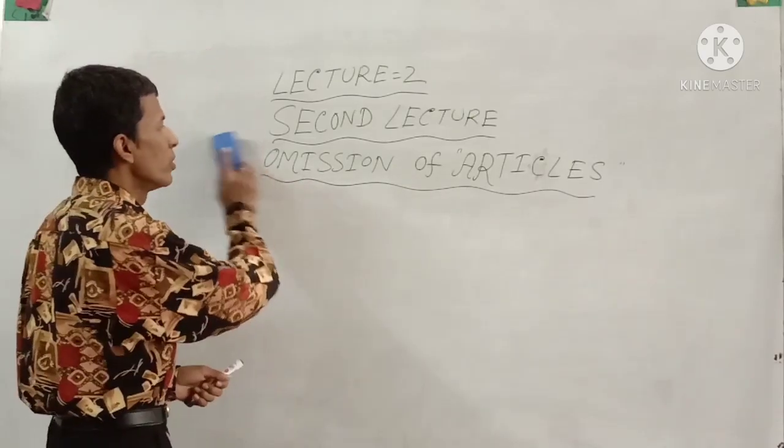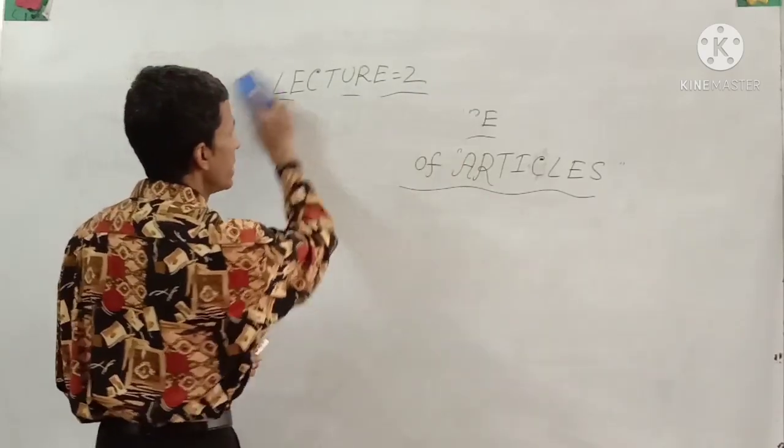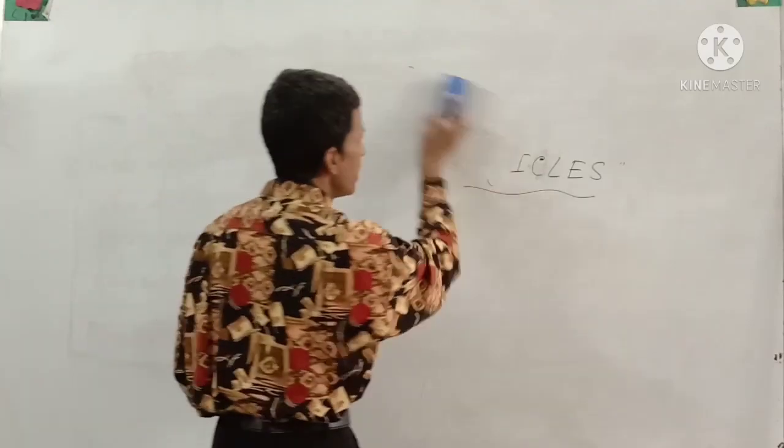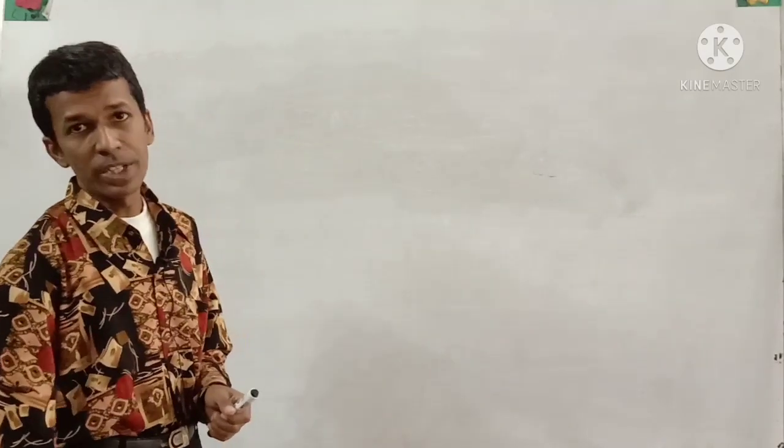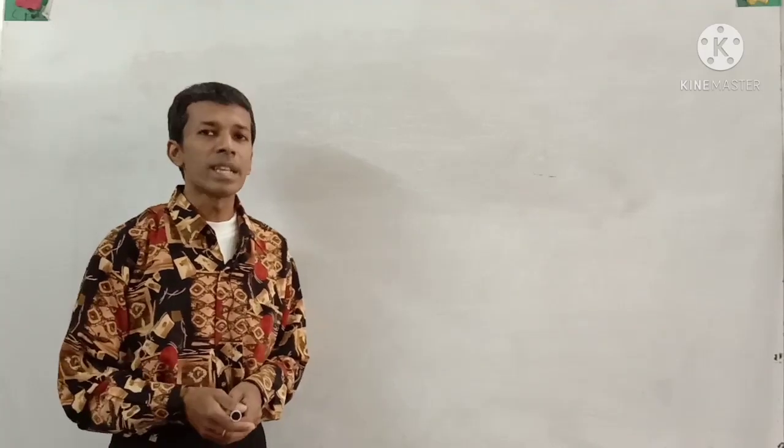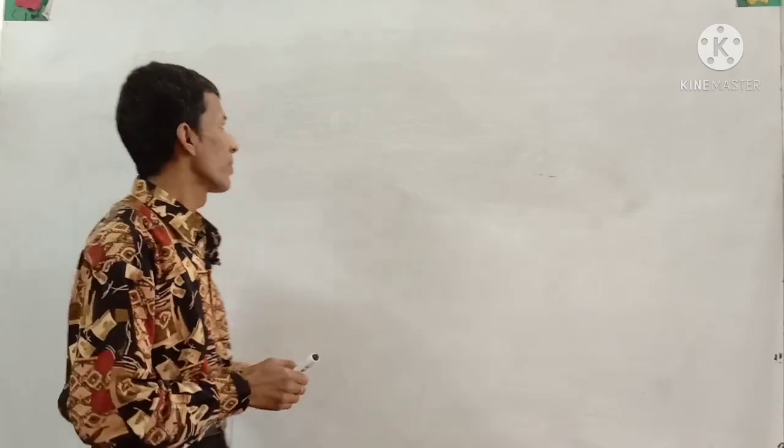Now I am going to discuss the omission of articles, and you will also find the board solution according to the rules and structures and the origins of articles as I have discussed in these two classes.